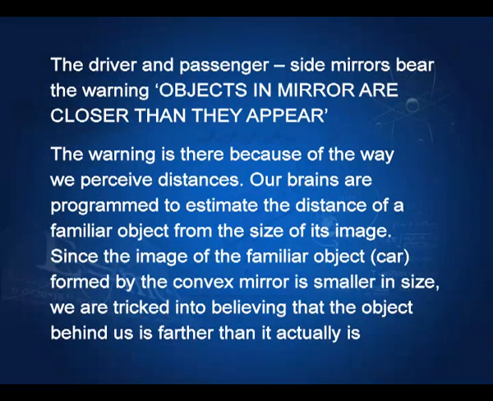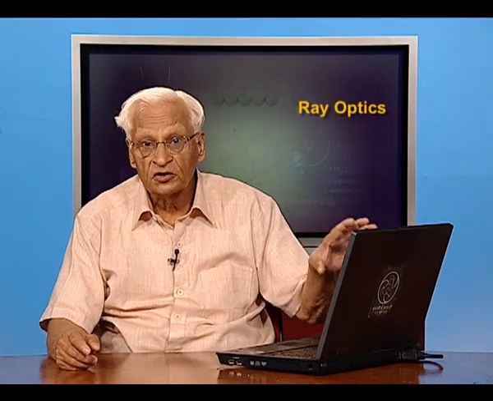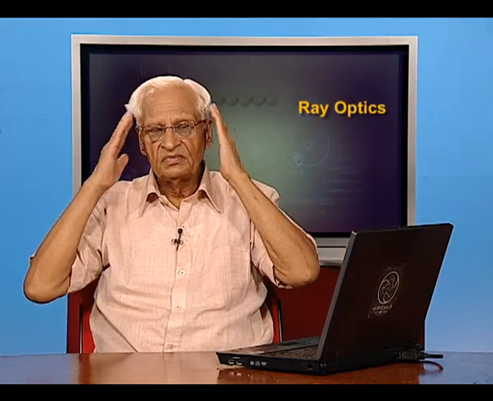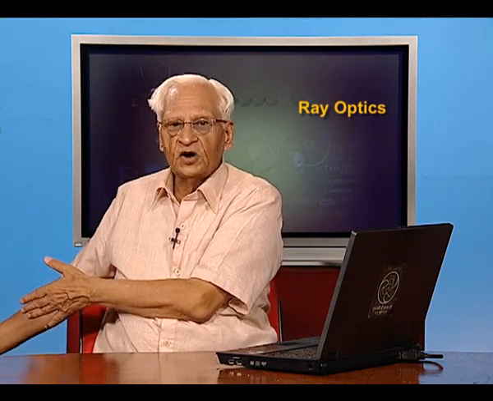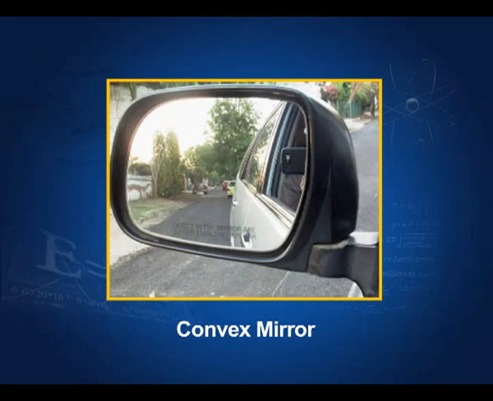So, since the image of the familiar object formed by the convex mirror is smaller in size, we are tricked into believing that the object behind us is farther than it actually is. So, therefore, this warning, because our brain tells us wrongly that these objects are farther off than they actually are, because their image is smaller. Why is the image smaller?